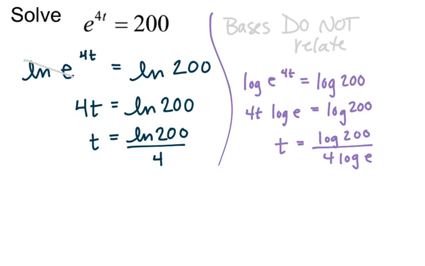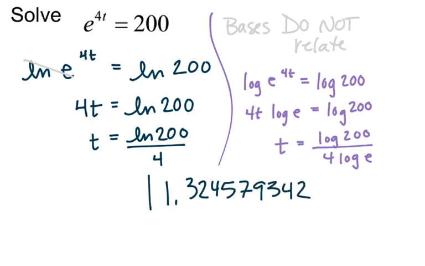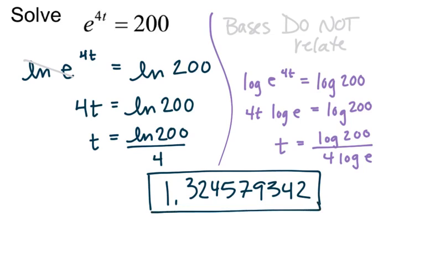And if I type both of these into my calculator, in both situations, I'm going to end up with natural log of 200 divided by 4. That's going to equal 1.324579342. So that's the answer you should get in your calculator.